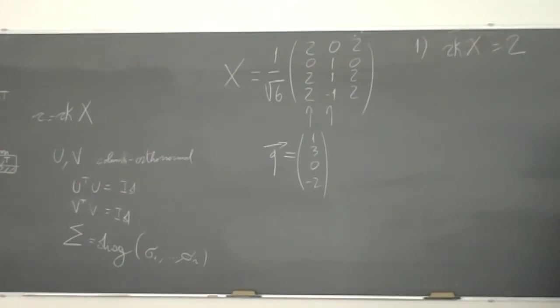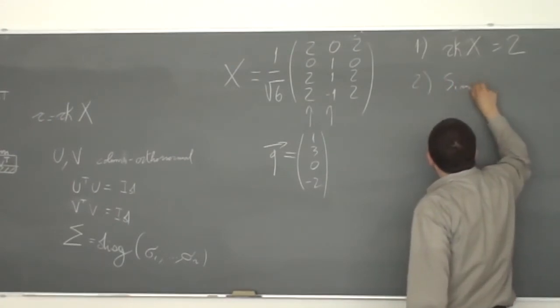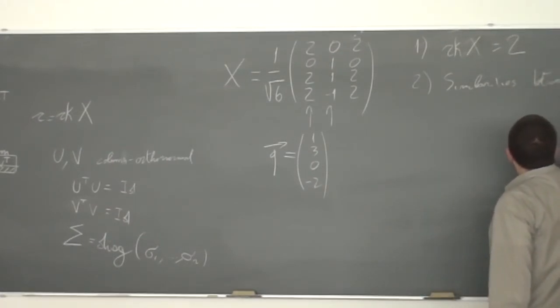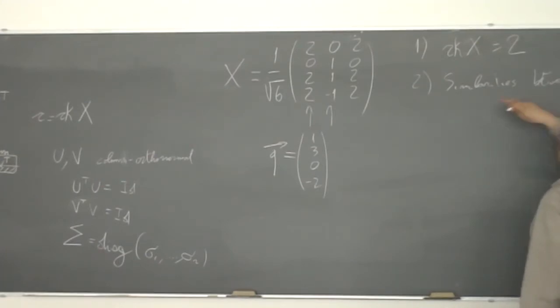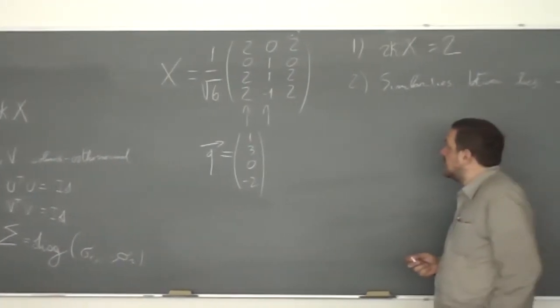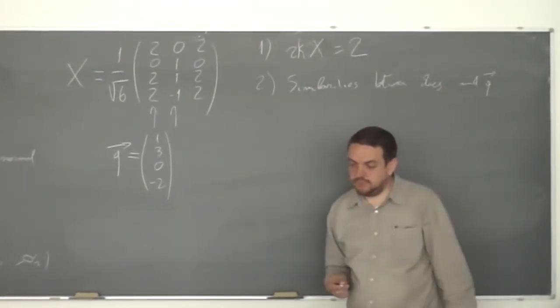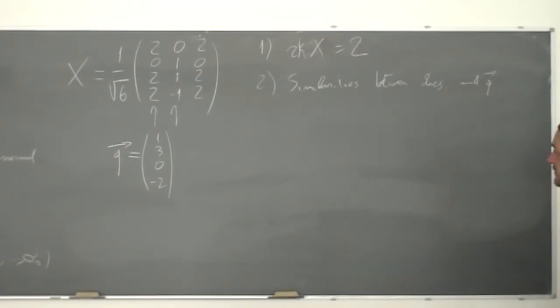And the second question is, compute the similarities between all documents in our collection and the new document Q, where the similarities are the ones given by the dot product.